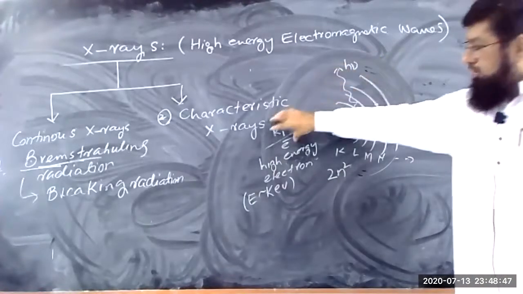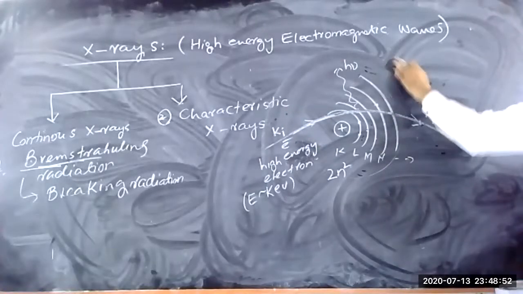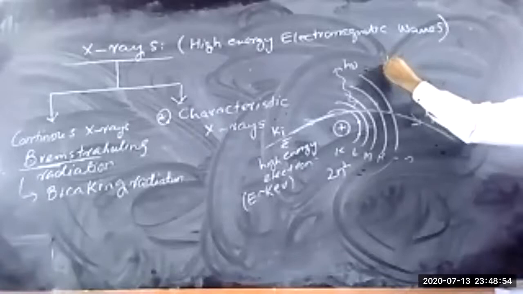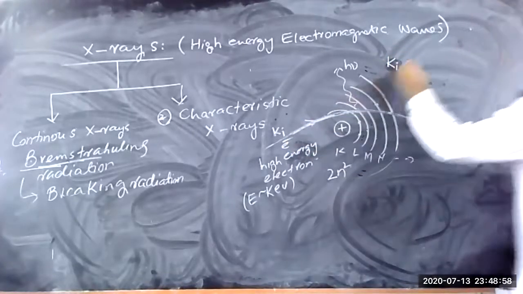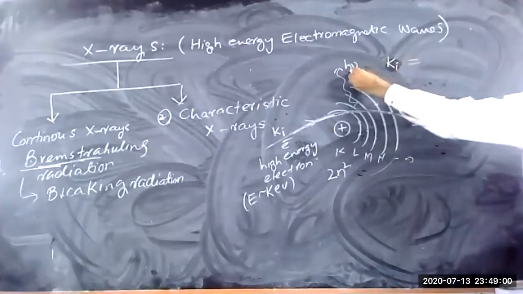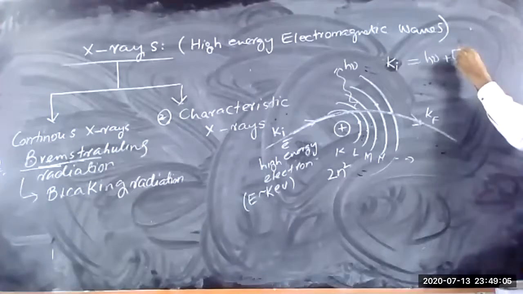The initial kinetic energy Ki of the electron is converted into the energy of the photon plus the final kinetic energy Kf.